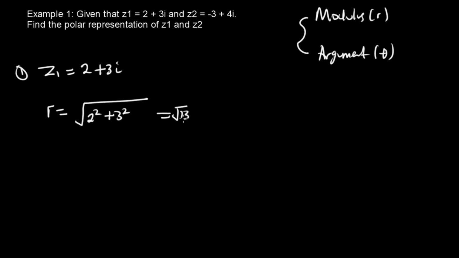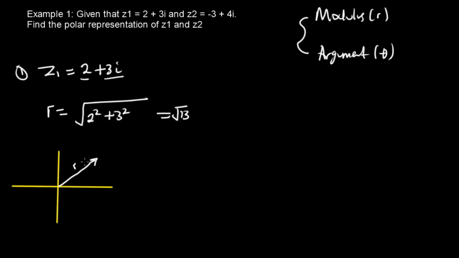and then we have this to be equal to the root of 13. And in finding the argument, as I mentioned, let's plot a graph to represent the complex number z1. So from our representation, we have 2 plus 3i, so they are both positive. Therefore, our complex number is in the first quadrant, which is in positive x and y axis.